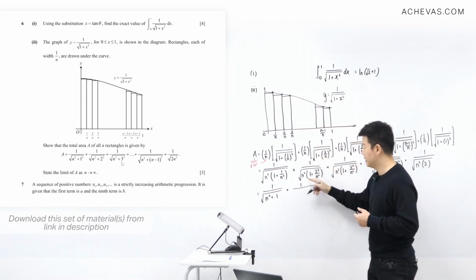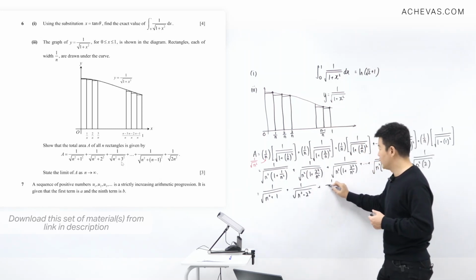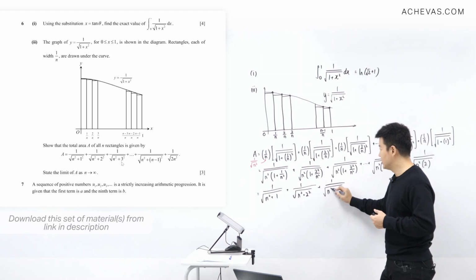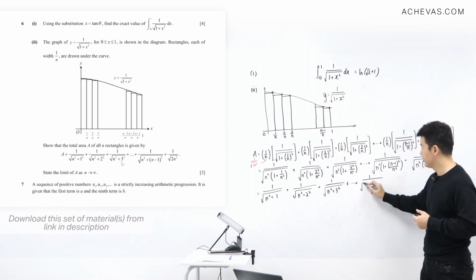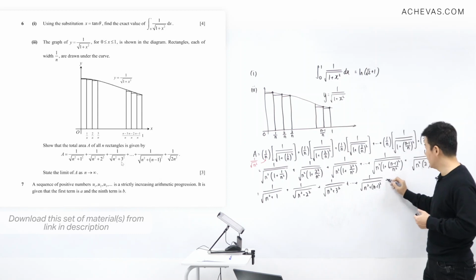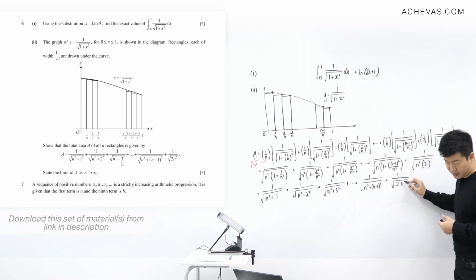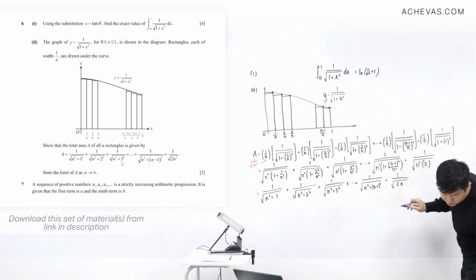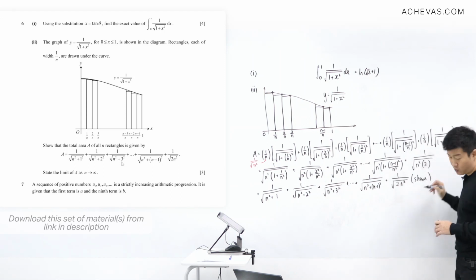Then this gives me n squared plus 2 squared. Then we will have n squared plus 3 squared all the way until n squared plus (n minus 1) squared. And finally, this is square root of 2n squared. Is this the 2n squared that the question wants me to prove? Yep, 2n squared. So this is what the question wants me to show.